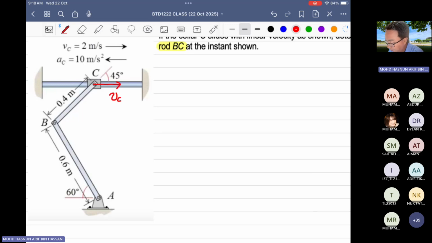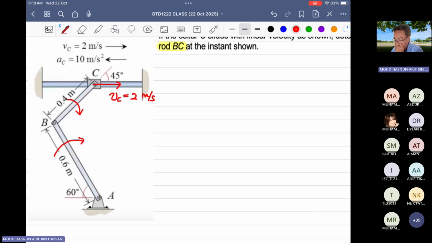VC is equal to 2 meter per second. If VC is pointing to the right, what is actually happening to the rod AB and BC? So basically, we will estimate that AB is rotating this way, right? And also BC is rotating this way too.